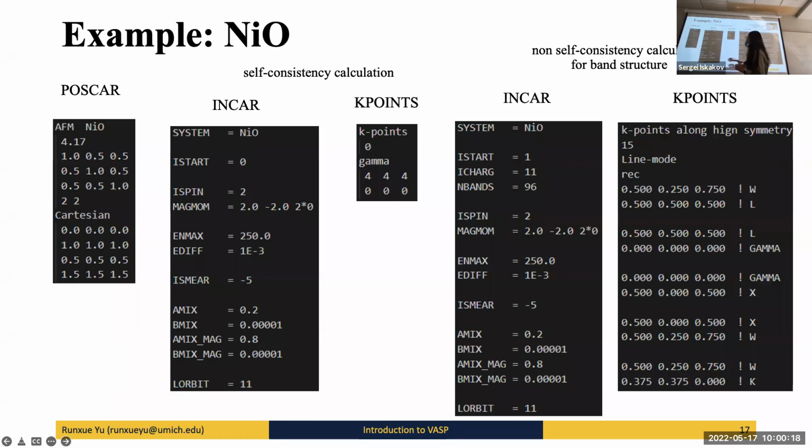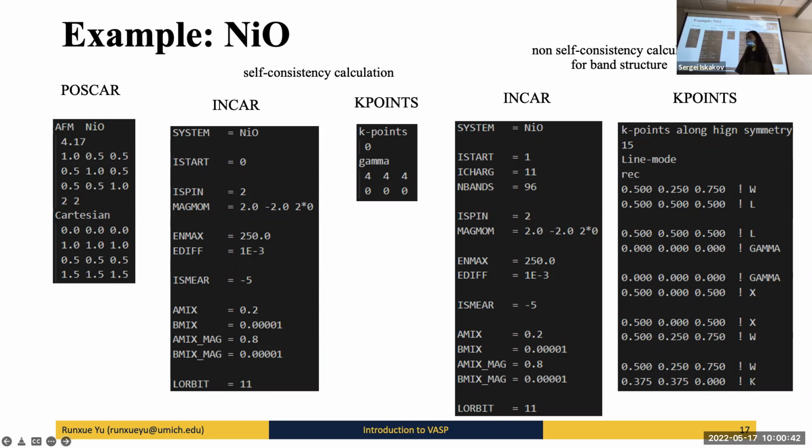So yeah, we have 2 nickel and 2 oxygen. And then for this part, the magnetic moment for nickel is 2 mu B, and oxygen is 0. So it will be 2, minus 2: first nickel alpha, nickel beta, and 0, 0 for oxygen.